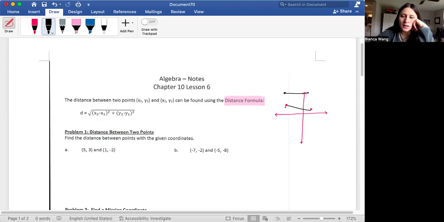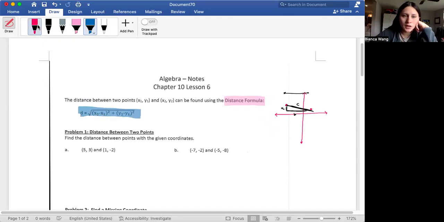So this distance formula, if you're curious about where it comes from, it actually comes from the Pythagorean theorem. You're actually turning this diagonal into the hypotenuse of a right triangle. And then we've rearranged the Pythagorean theorem in order to find just c. And this is all related to a coordinate plane. So I'm not going to go into all the details, but the distance formula is right here.